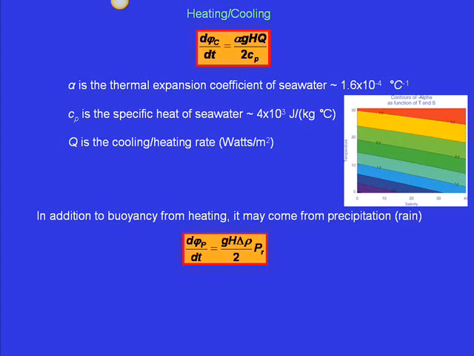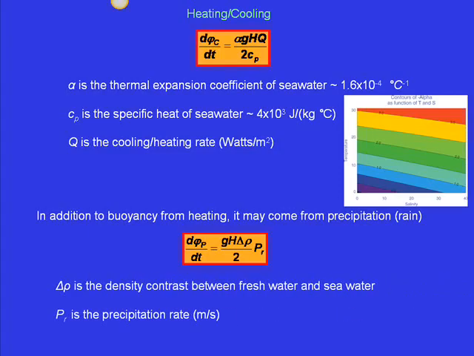Or millimeters per day, but maybe you're more used to inches per day. So it's a rate: meters per second, millimeters per hour, millimeters per day, inches per hour, inches per day. But for this expression, you should use meters per second. So you have to convert your precipitation rate to meters per second.